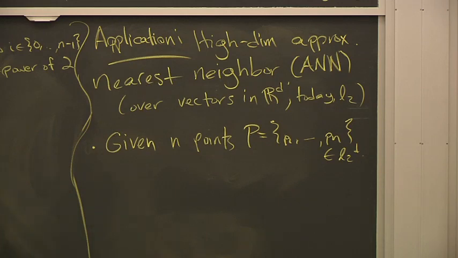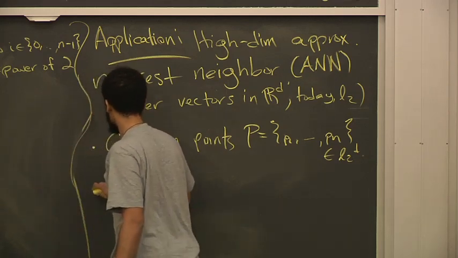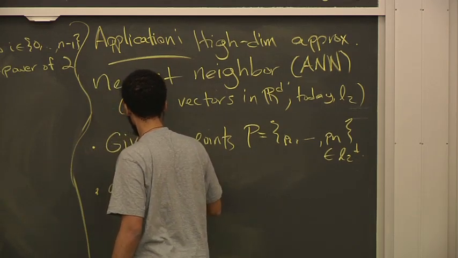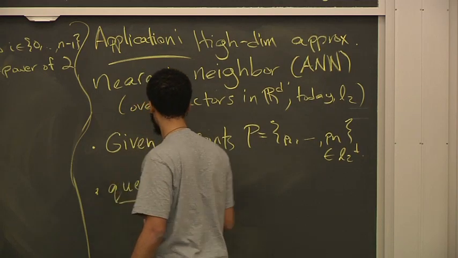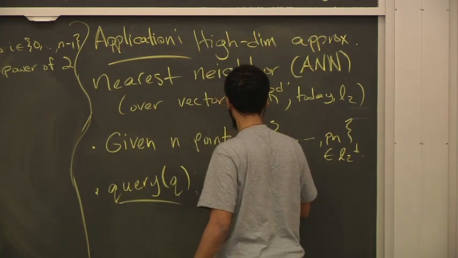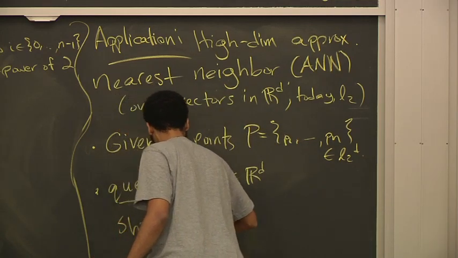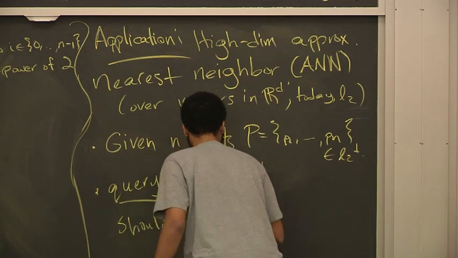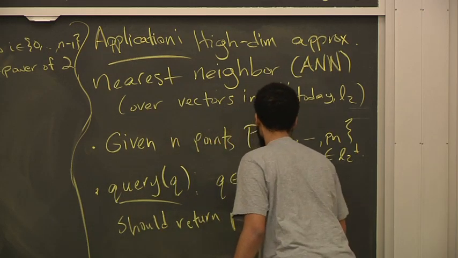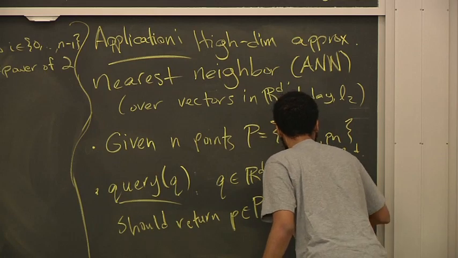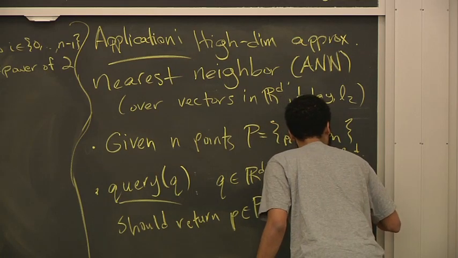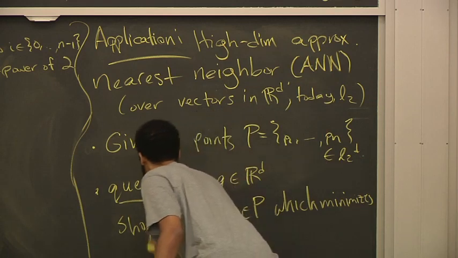Think of this as a static data structure problem for now, meaning that I'm not allowed to insert and delete points. There's just a fixed database. And a query q in R^d should return the point in your database which minimizes the distance ||p minus q||.